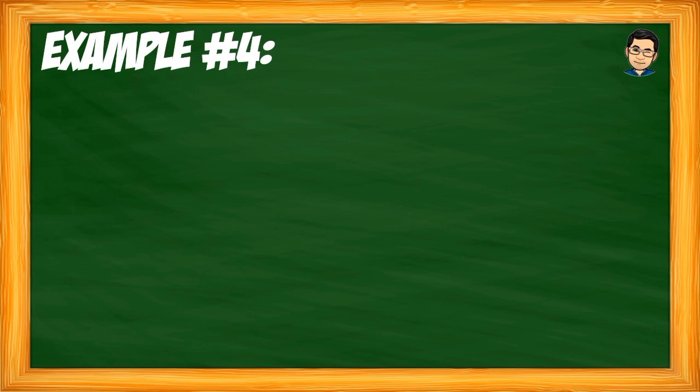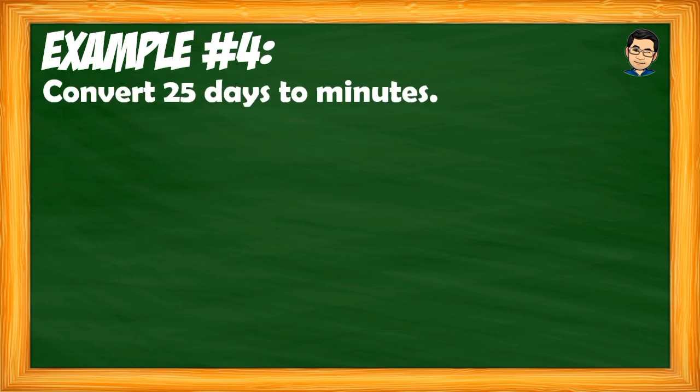For our next example, convert 25 days to minutes. So, yung araw, i-convert natin sa minuto. Paano yon? Ang kailangan natin gawin dito is i-convert muna natin yung days sa hours and then hours to minutes. Yung conversion factors na pwede natin gamitin, 1 day is equal to 24 hours.